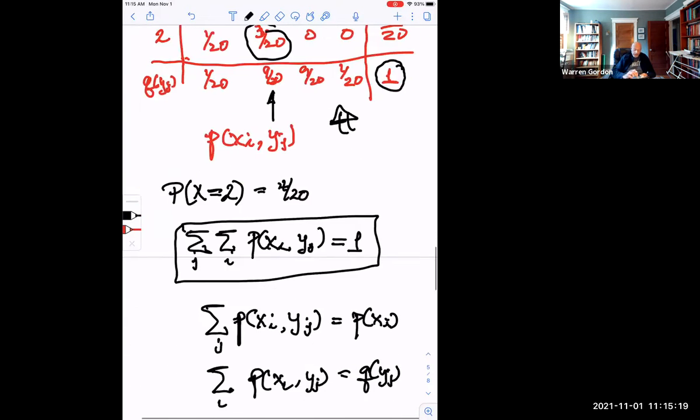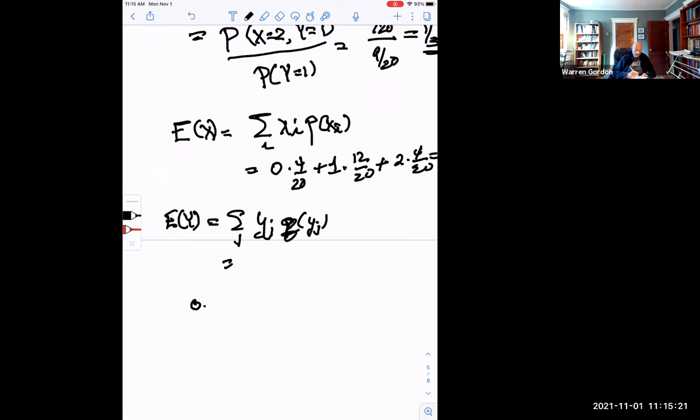It would be 0 times 1 out of 20, plus 1 times 9 out of 20, plus 2 times 9 out of 20, plus 3 times 1 out of 20. And that gives you the answer. So we can talk about marginal probabilities and things of that nature.